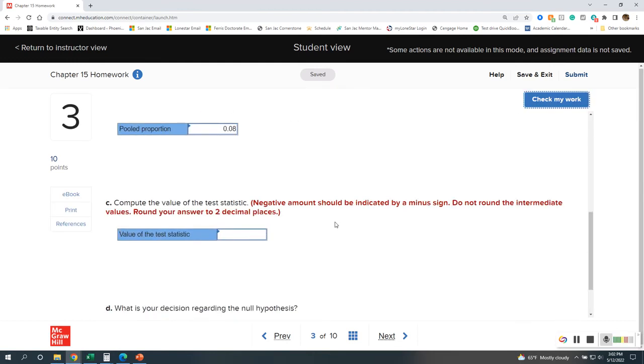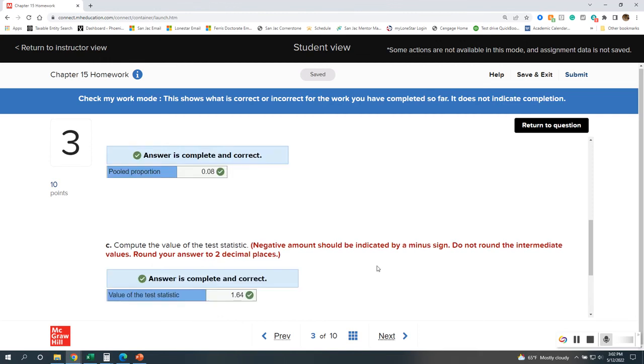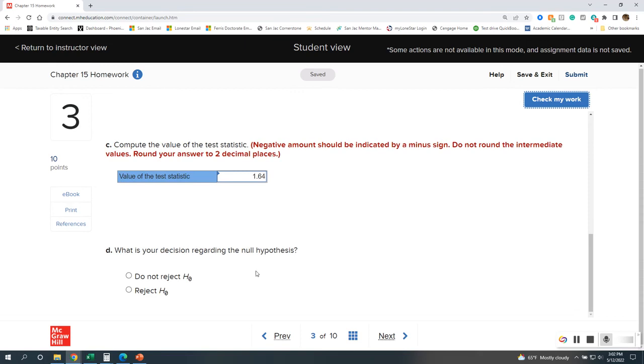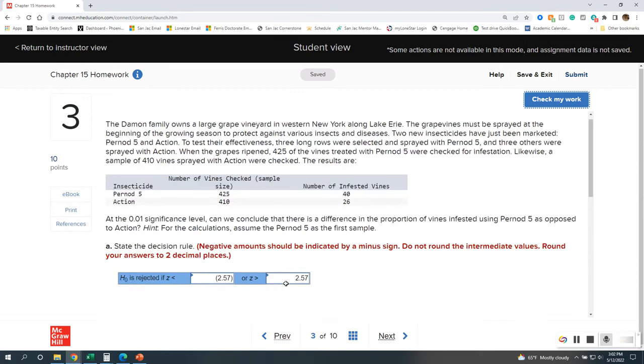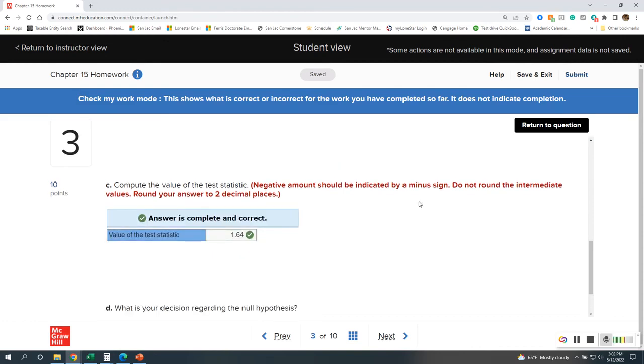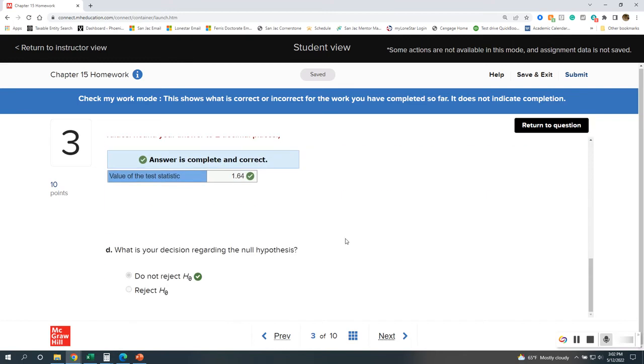Because again, we may hit rounding issues because mine's more exact than the actual McGraw-Hill. So value of the test statistic is 1.64. Good. And we are not going to reject. So do not reject. Reason why is that it is less than that 2.57.